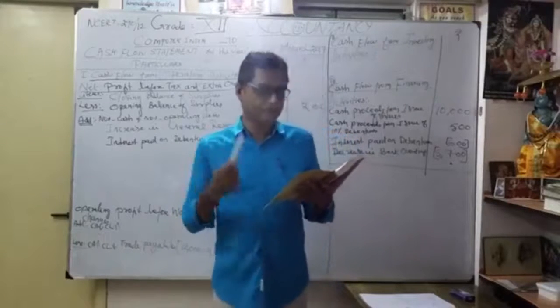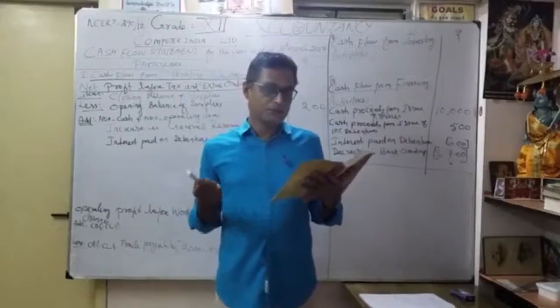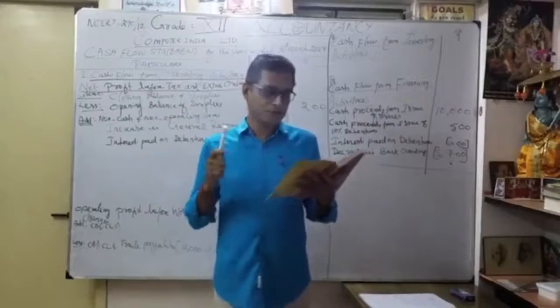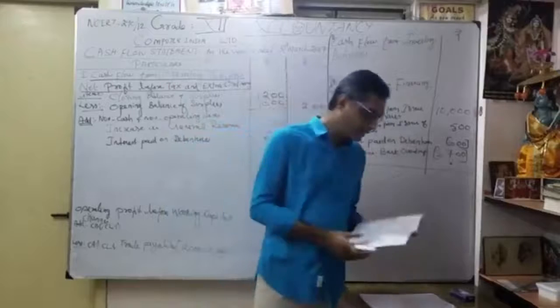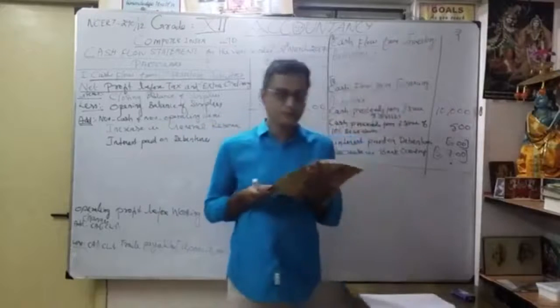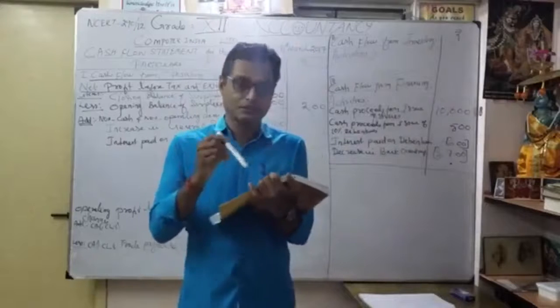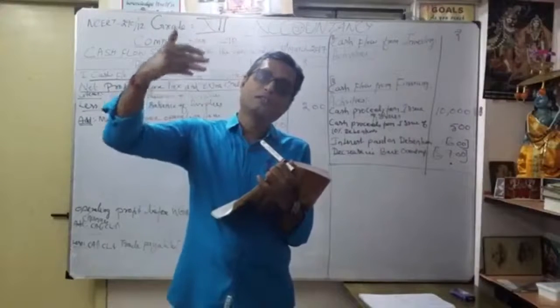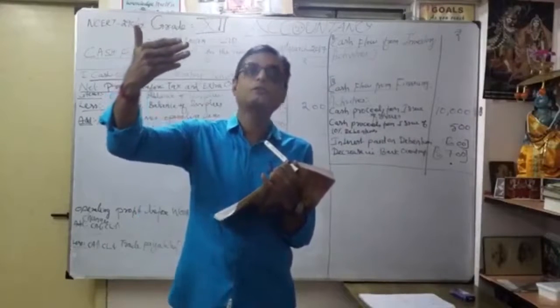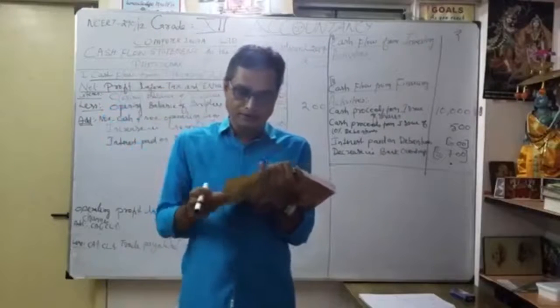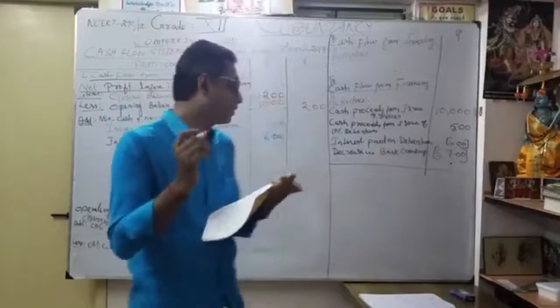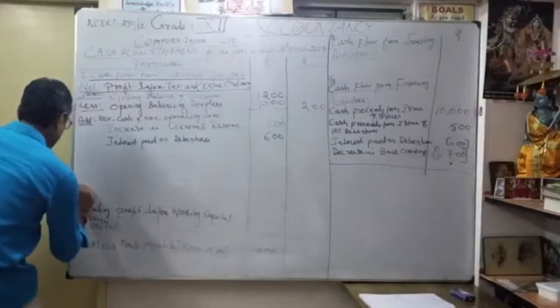Thereafter, proposed dividend. 2016 5,000, then 2017 5,800. Now you know how to write. First you have to take provision for taxation. For 2016, how much? 3,000. That means whatever the last year provision, we are going to pay in the current year. So the 3,000 we are going to show here.